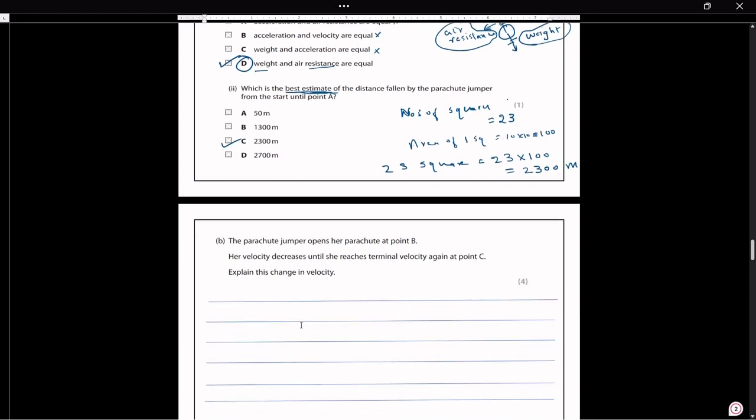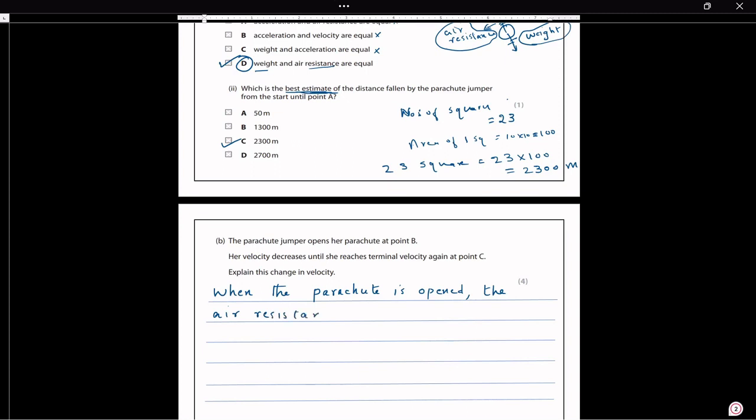Okay. So when she opened the parachute, let me put it as an answer. When the parachute is open, the air resistance increases as surface area increases.